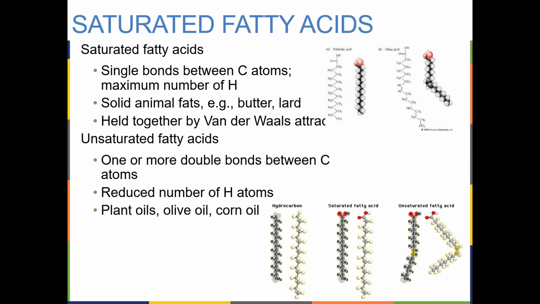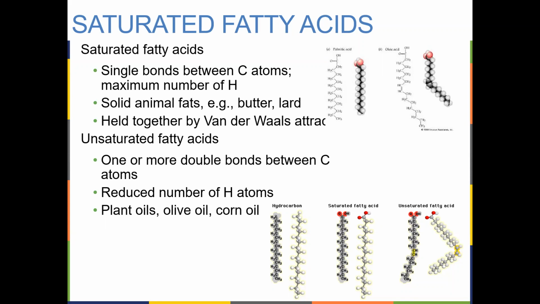Unsaturated fats with their double bonds and the kink that occurs in the chain, or the multiple kinks, for example, those don't allow van der Waals attraction to occur. So van der Waals attraction is not going to happen if the chain is bending and twisting.